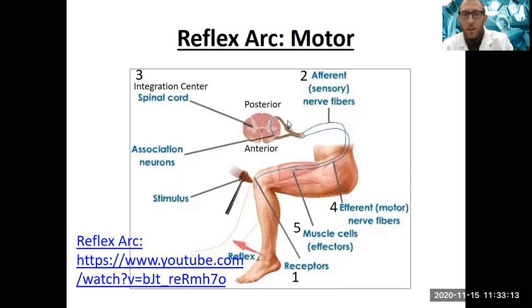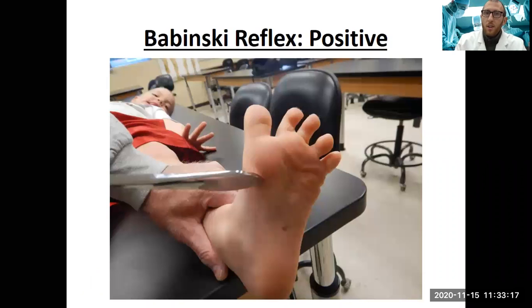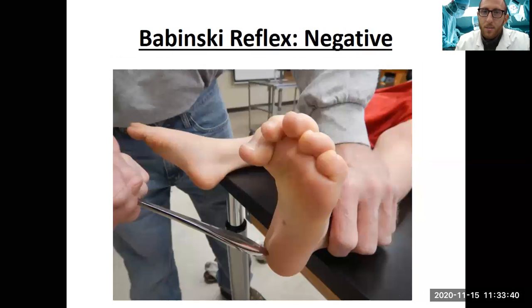Knowing the arc will help you with all the reflexes. So there's reflexes like the Babinski reflex, where a baby might flare their toes in response to stroking the bottom of the foot. Now, no adult would do that. An adult would curl their toes or do nothing, right? But in a baby under a certain age, it will have this reflex.